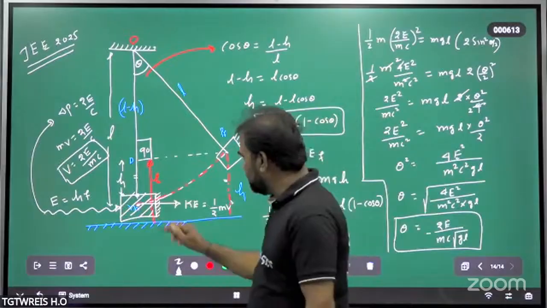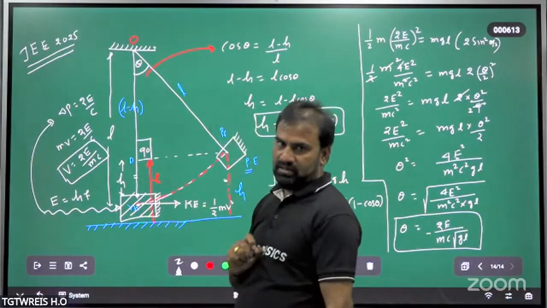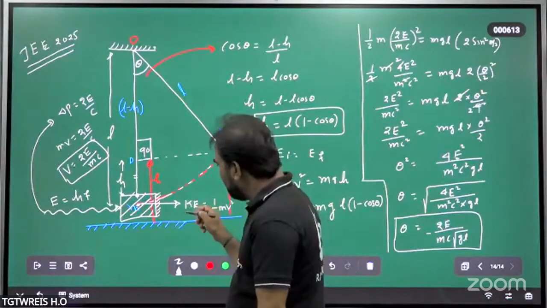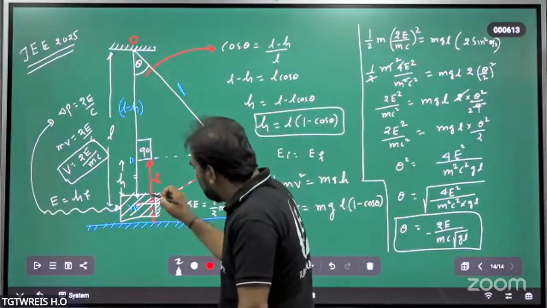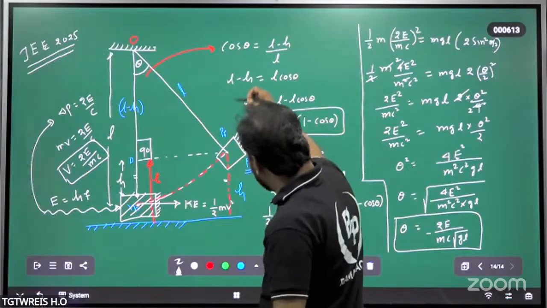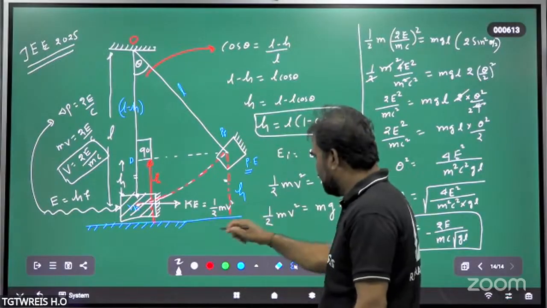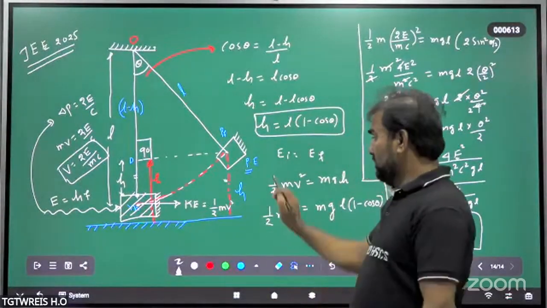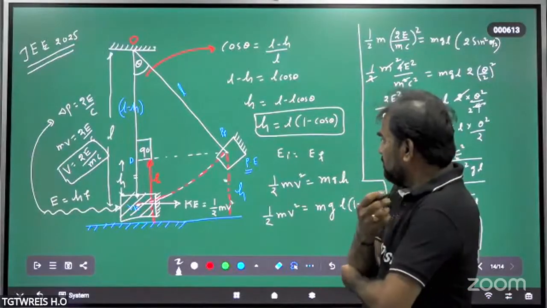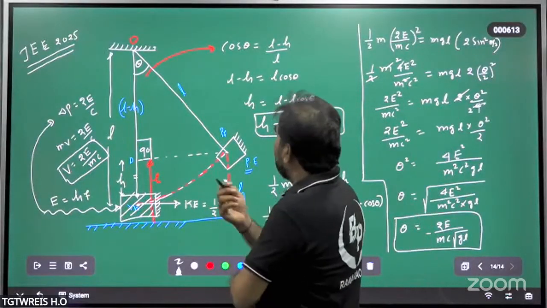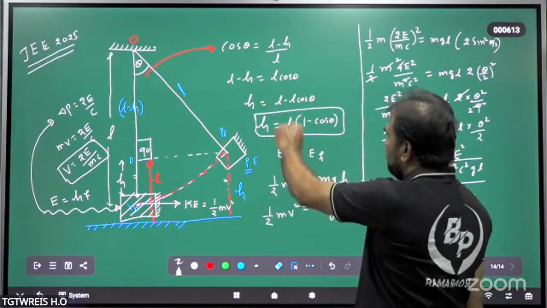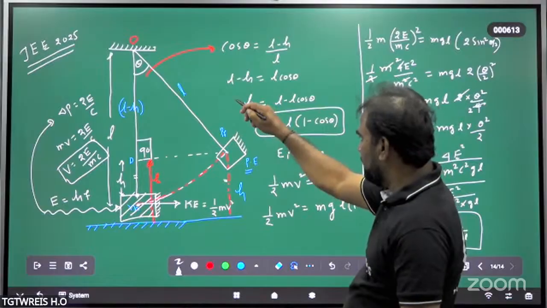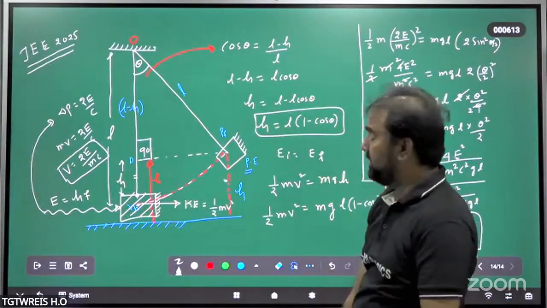With that velocity, the mirror has to start here. With that velocity, the mirror has some kinetic energy of half m v square. Okay. With that velocity it has started and it has to rise to a maximum height of h from the initial position. So in this case, we have to calculate the angular displacement which it makes at the suspension point.